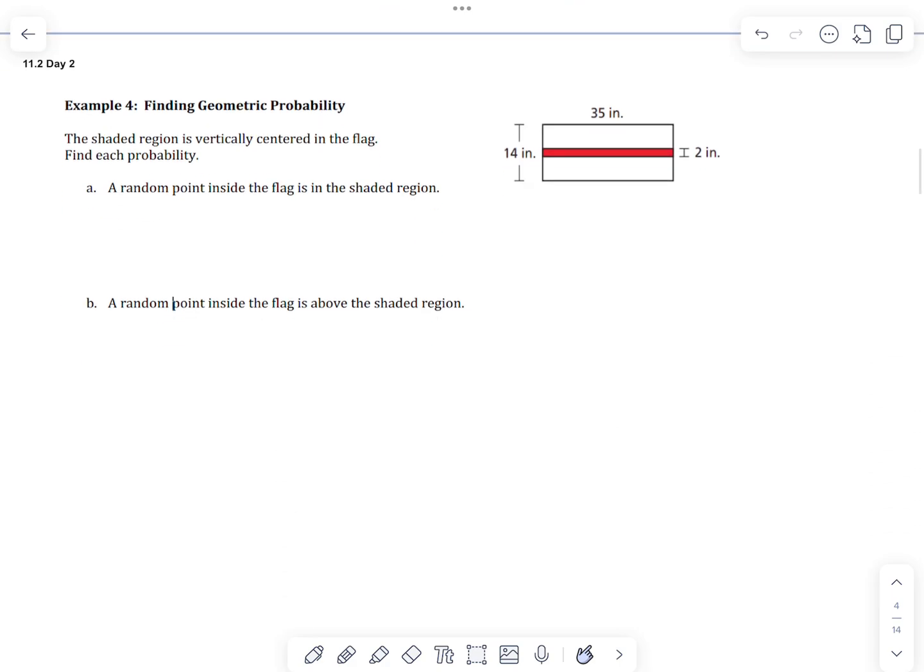Example 4. The shaded area is vertically centered in the flag, and we want to find the probability. So what we have is a rectangle inside another rectangle. And we want to find out if we randomly select a point inside the flag in the shaded region. So we first need to figure out the area of the large rectangle.